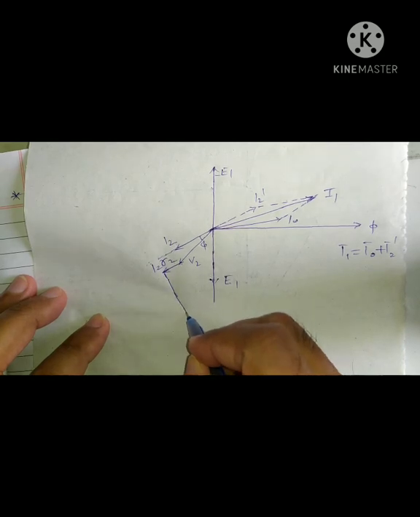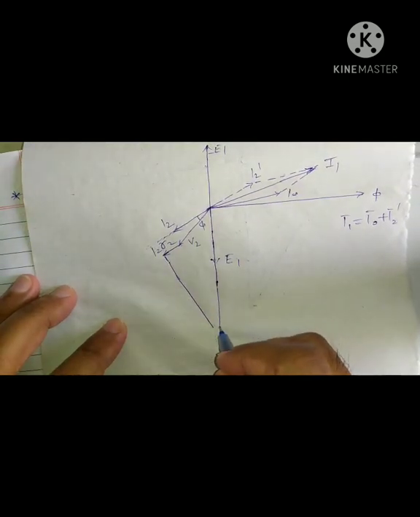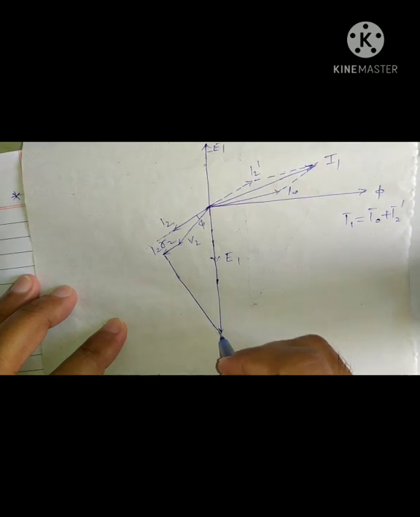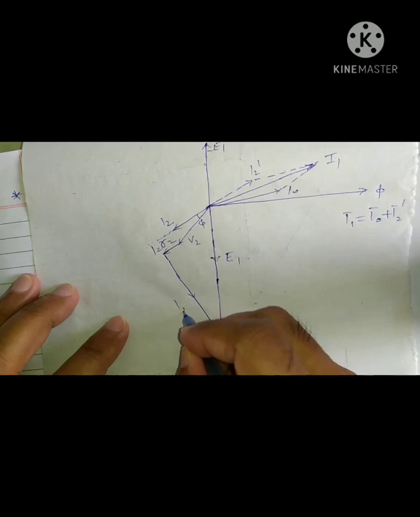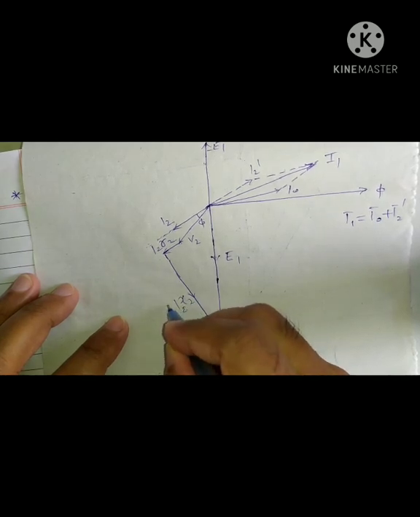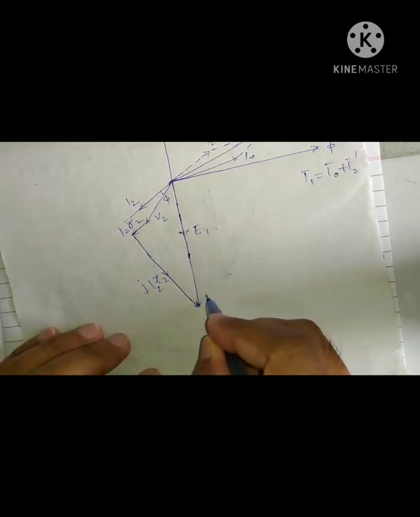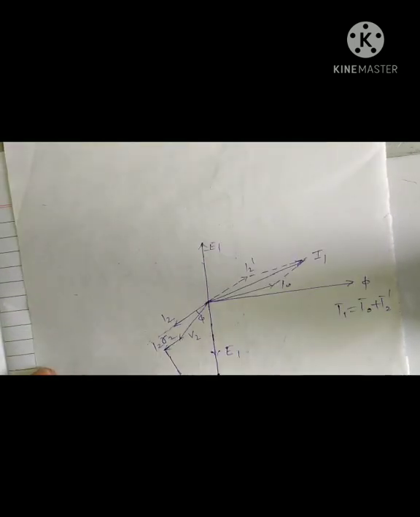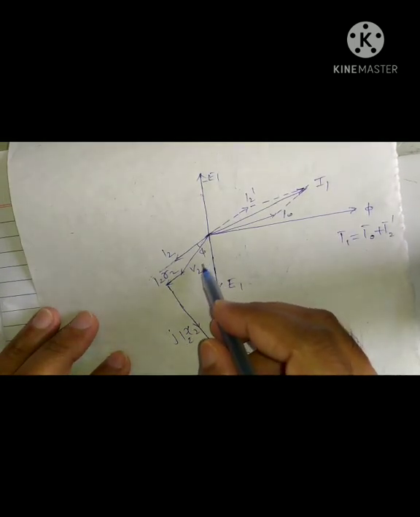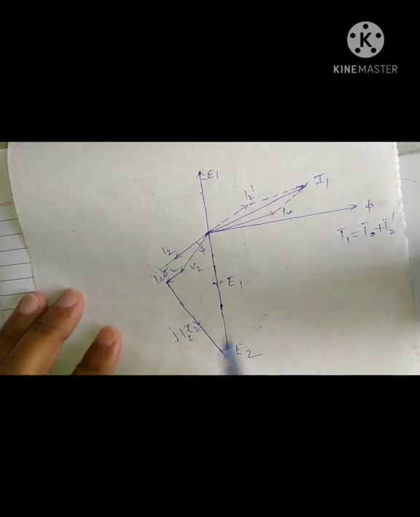So this is J I2X2, and this will be E2. So we got E2 as V2 plus I2R2 plus J I2X2 equal to E2.